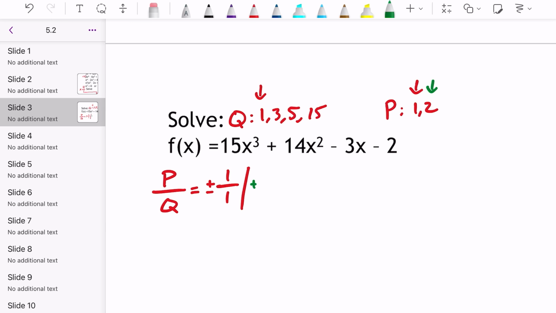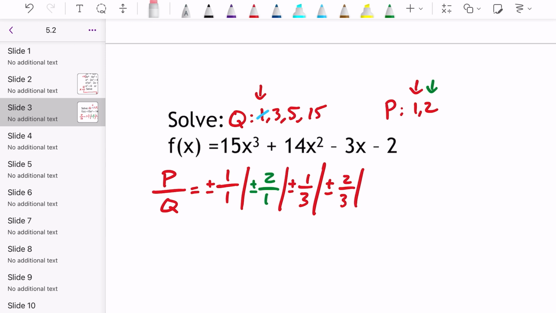So we would do plus or minus 2 over our first Q, which is 1. Once we've done that, we can officially say that we've used 1 for all of our P's, which means we no longer have to use that from that point forward. So we continue going with plus or minus 1 over 3, plus or minus 2 over 3.